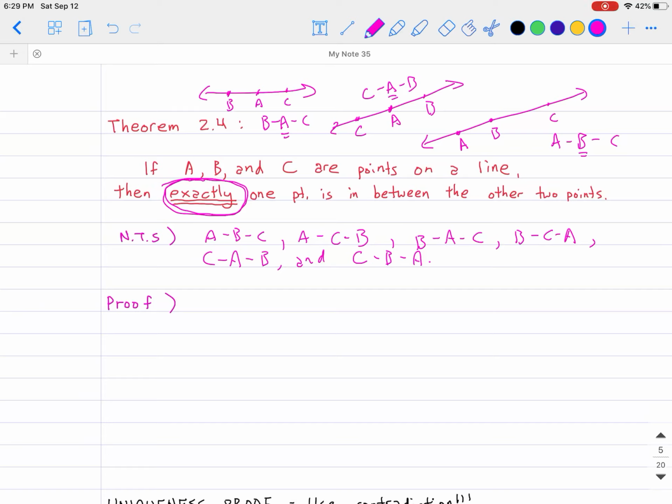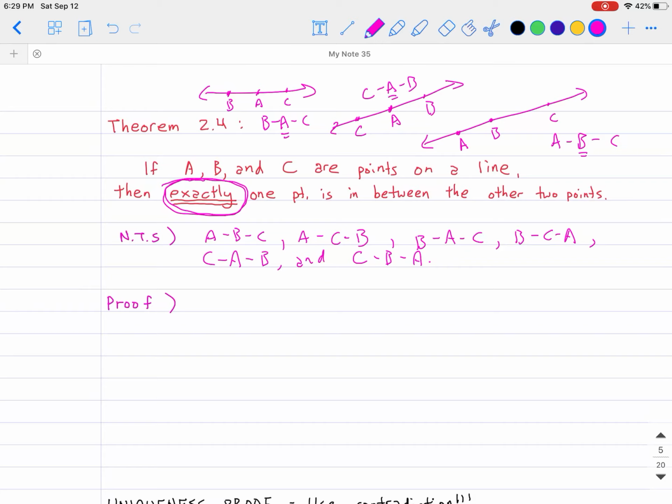Now, in terms of how we show the proof for uniqueness, well, there's an easy way to do this actually without having to do all that extra work, okay? Why don't we assume the negation of that? Okay?